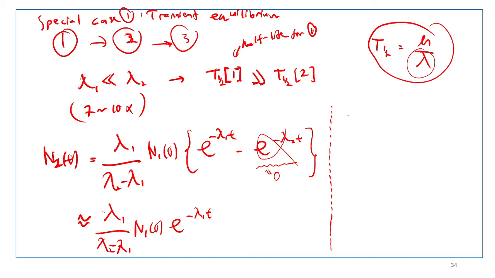The ratio of the activity of the daughter to the activity of the parent is lambda 2 N2(t) over lambda 1 N1(t).